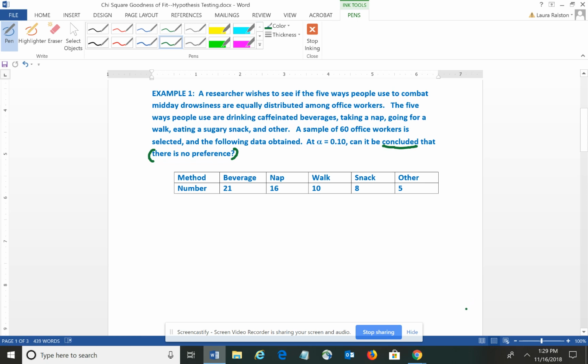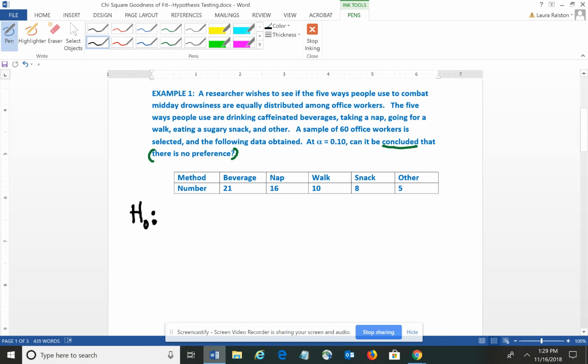So we're trying to test the claim that there's no preference in the method used to combat midday drowsiness. So if we want to state our null hypothesis and our alternative hypothesis, again, the null will contain equal, and in this case, equal means there is no preference. If there's no preference, that means everything's the same.